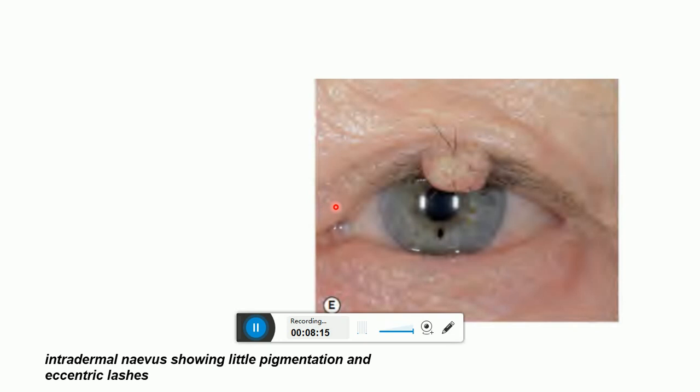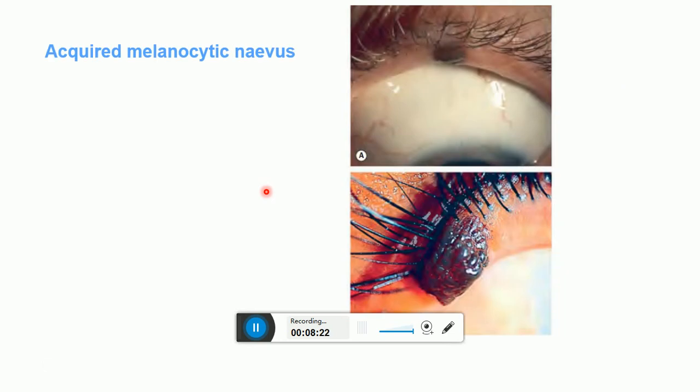Another type of acquired melanocytic nevus is compound nevus. Compound nevus occurs in middle age. There is raised papular lesion and the shade of pigment varies from light tan to dark brown.